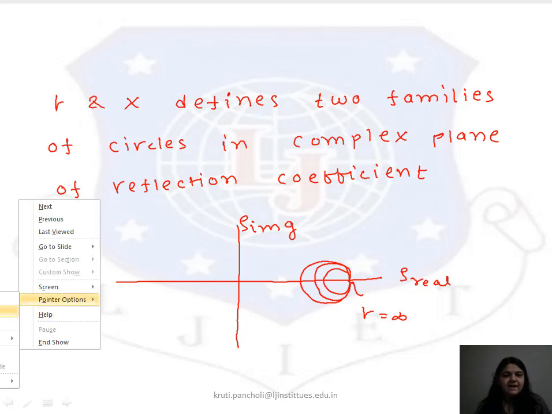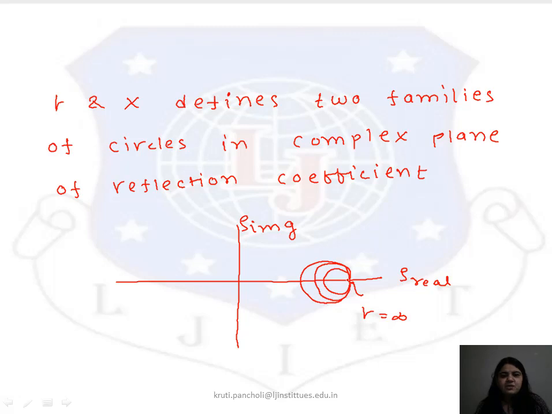This way the Smith chart can be made up using the two different values, and we can plot the value of the impedance onto the Smith chart.